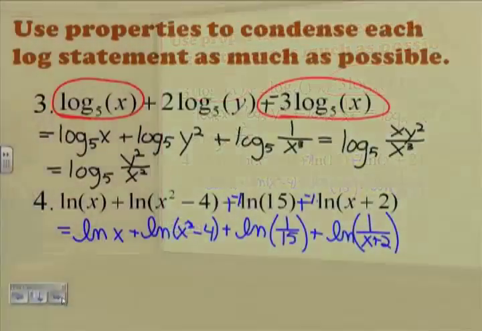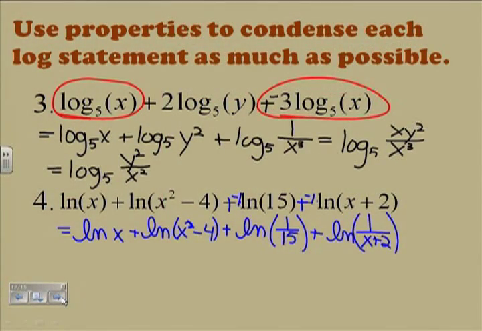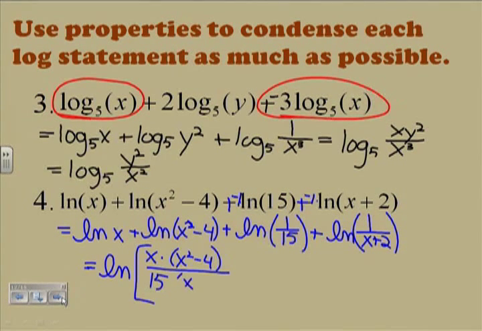And the nice thing is that as long as all you see there is addition, I'm adding all these exponents, it means all of the inputs were multiplied. So I can do one humongous happy multiplication here, and I get x times x squared minus 4 over 15 times x plus 2.